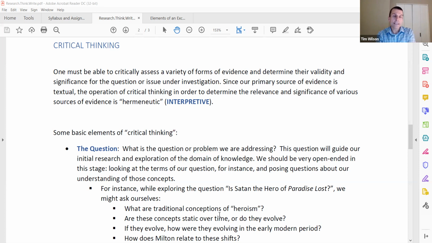So all that to say, on a much smaller scale, you're also going to need critical thinking for this essay. You're going to have information from the poem, and from articles you've found in your research around the topic that you're exploring.